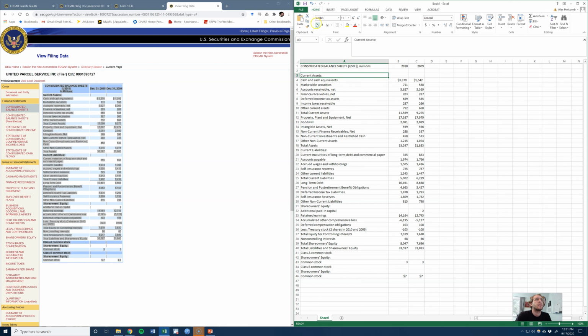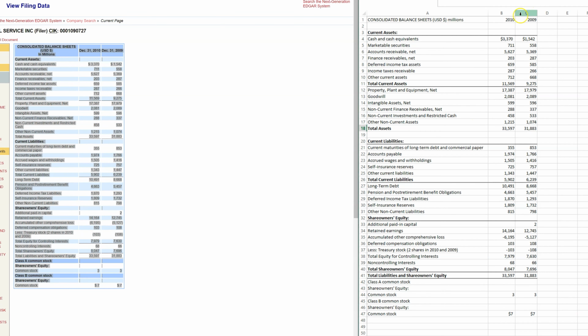We can clean this up a little bit. I always like to try and clean it up so that it looks more like a balance sheet. And so here's the data for 2009, 2010, right?